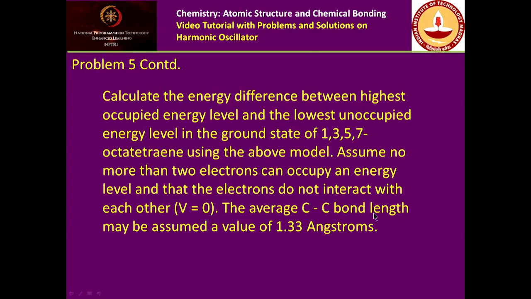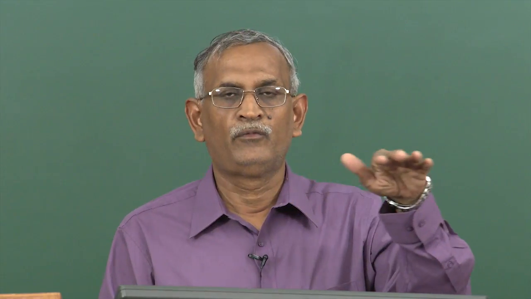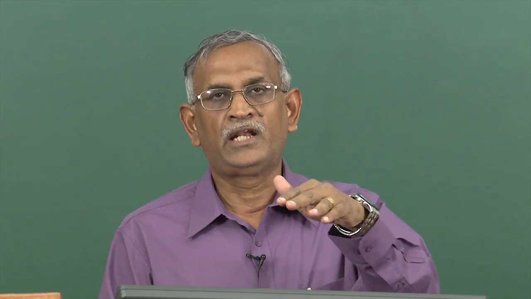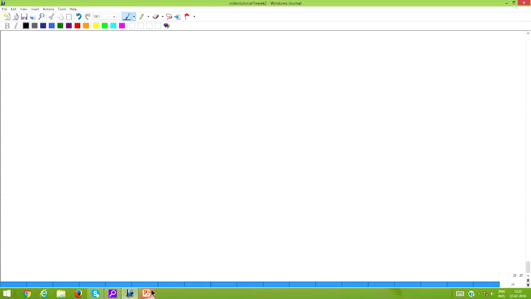Using the bond length of the CC 1.33 angstroms, calculate the delta E between the highest n up to which the electrons are there and the lowest n in which there is no electron. There are 4 double bonds.